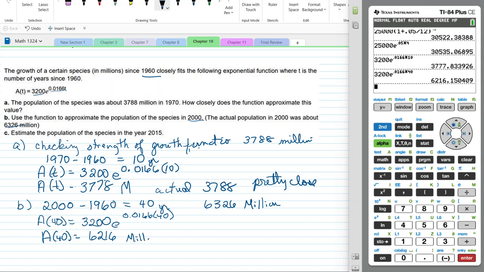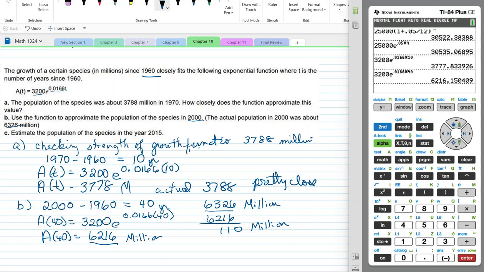Well, it's a little wider gap. The difference here, the 100 million. So now it's a little wider gap. It's not doing the job as well, but it's not too bad when you get to that million.